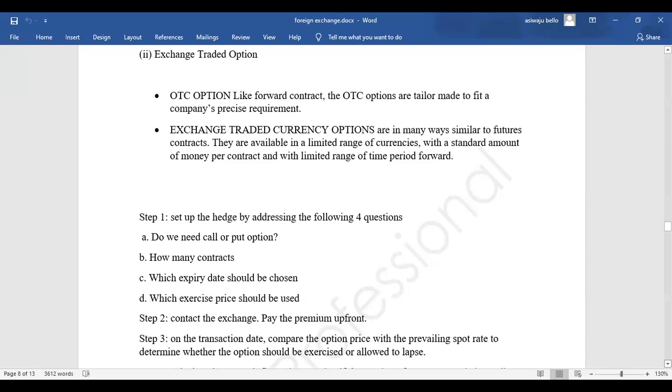Where the actual spot rate is not given, where the examiner does not provide the actual spot price, then you are going to assume that the option will be exercised at the exercise price.